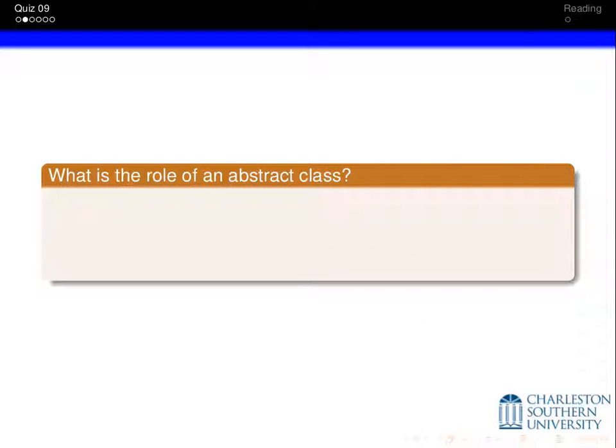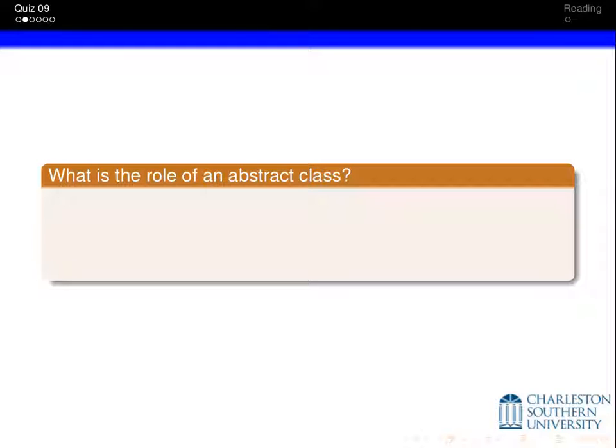So what's the role of an abstract class? Or maybe a better question, what's the role of an interface? It's like the open-closed principle. Jumping ahead to SOLID, but that's good.